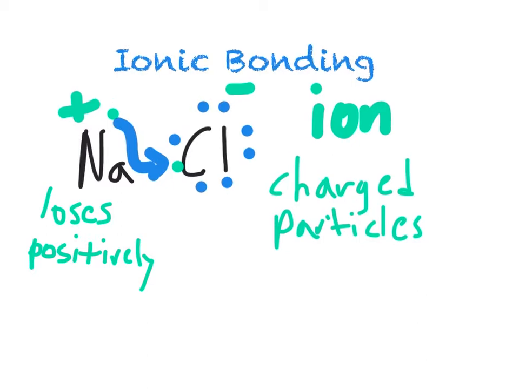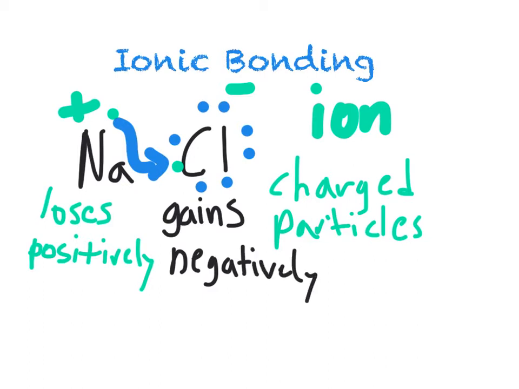The atom that gains electrons is negatively charged. This electrical attraction creates what is called an ionic bond.